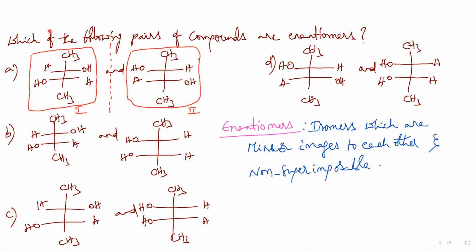Do you understand? So the first compound is satisfying both conditions, mirror images and non-superimposable, isn't it? Yes, sir. So the first option itself is your answer. That is what we call enantiomers, right?